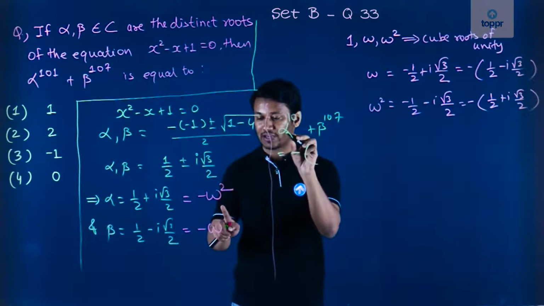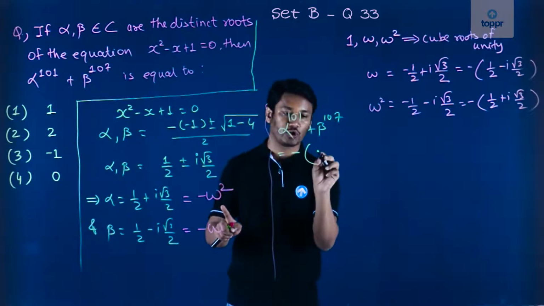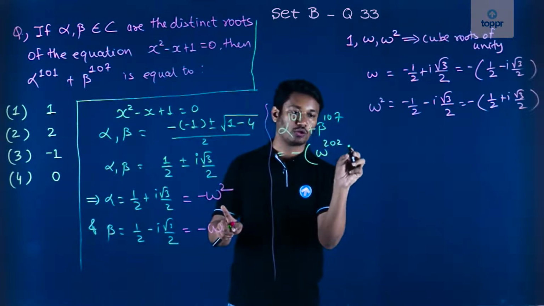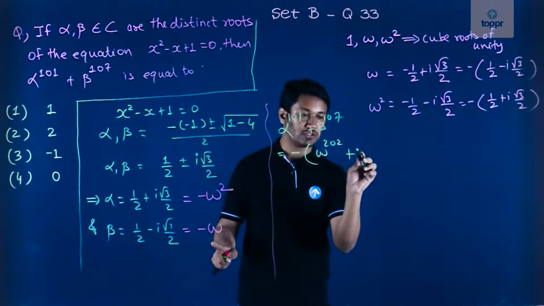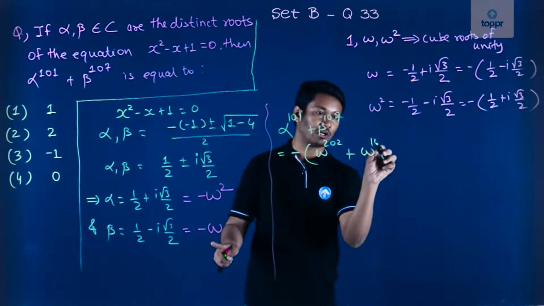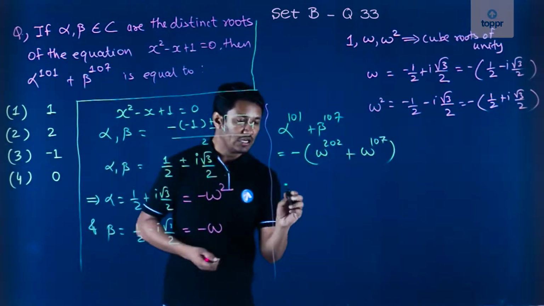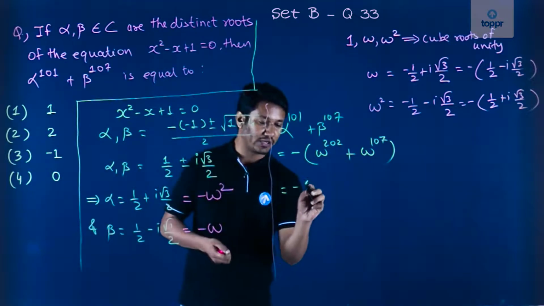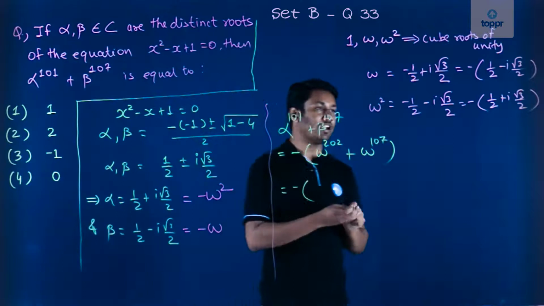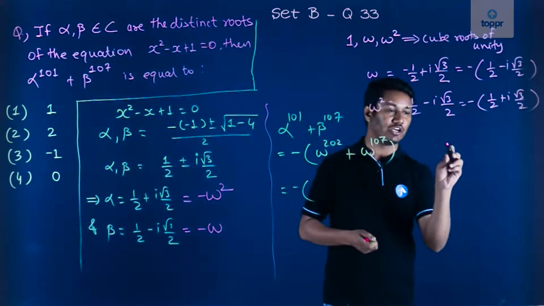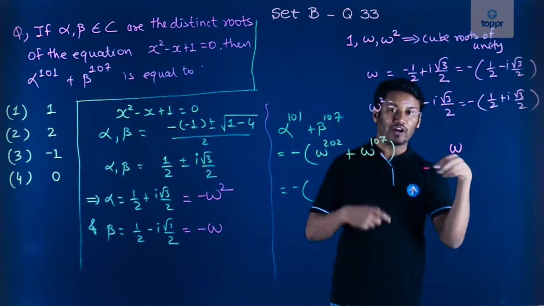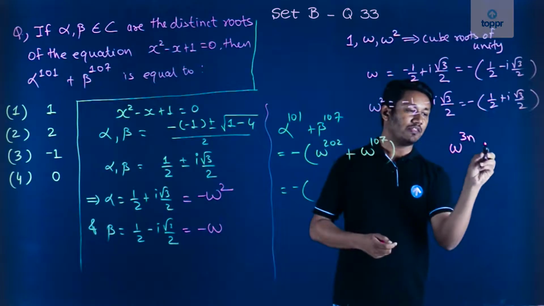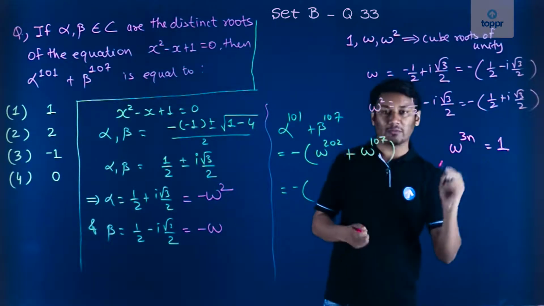Alpha is minus omega square, so power 101 will give me omega power 202, plus beta is minus omega, so this will become omega power 107. Now we have one more very interesting property of cube roots of unity. We know that omega raised to power 3n will always be equal to 1, where n will be any integer.